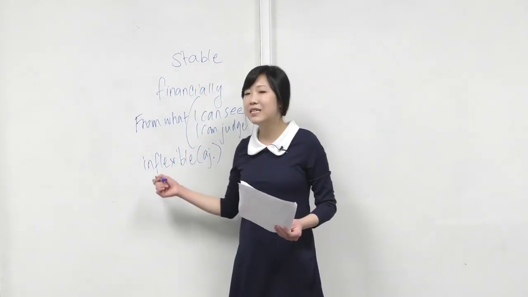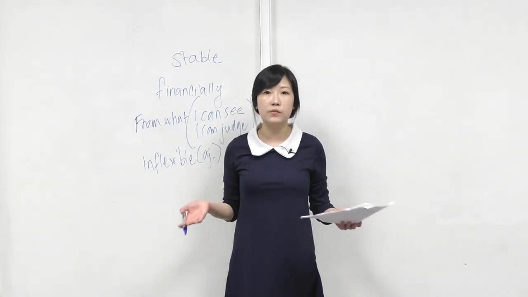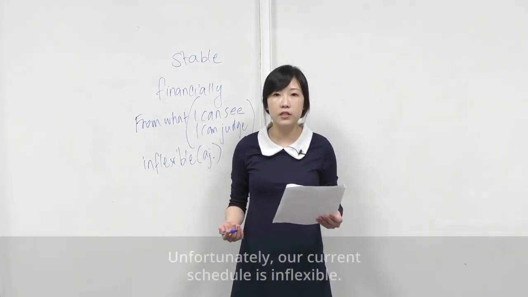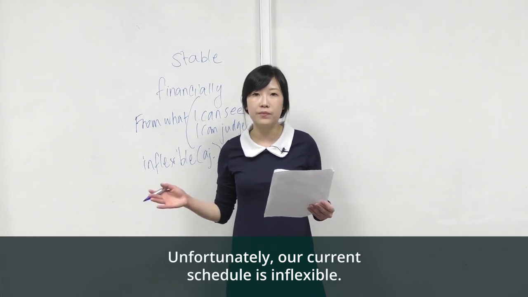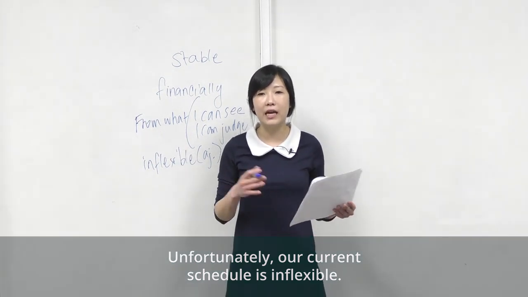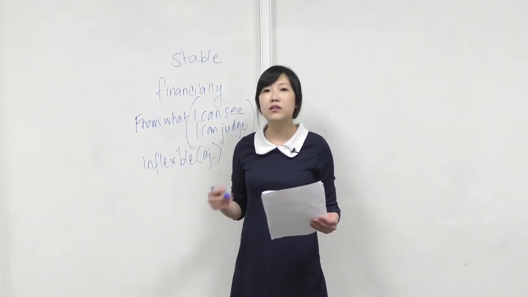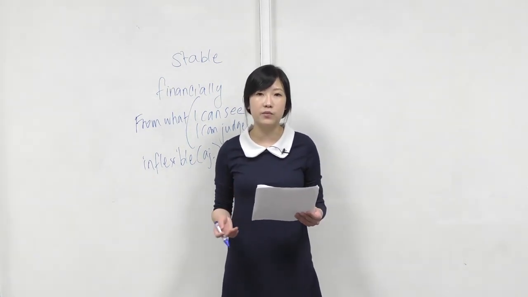However, we can also use it in a business sense or a scheduling sense to say, I can't change my schedule. So another higher level way is something like, unfortunately, our current schedule is inflexible. Right? Because we're not saying we can't change anything, which is the thing that can't move, the schedule. So unfortunately, our current schedule is inflexible.